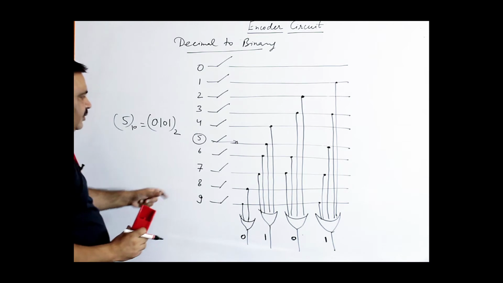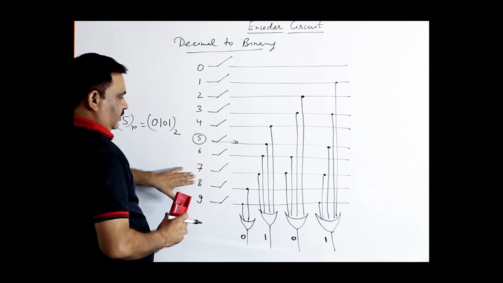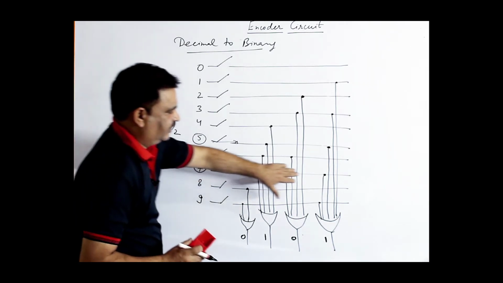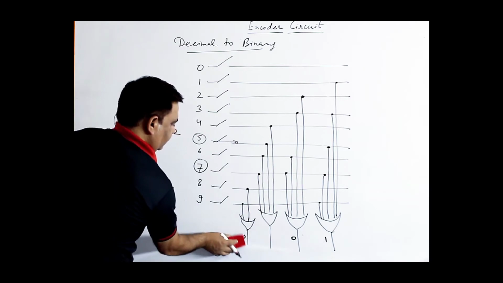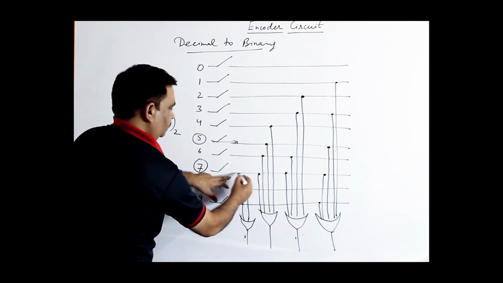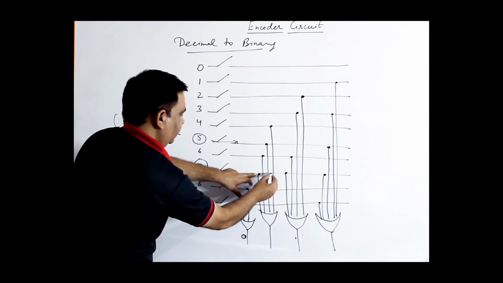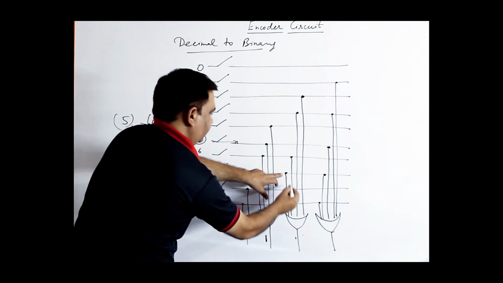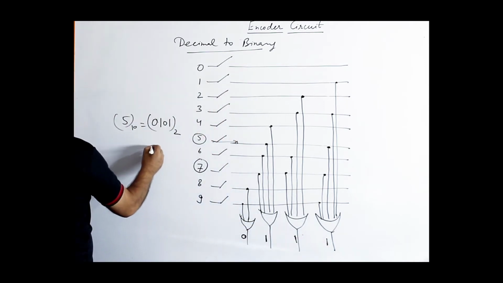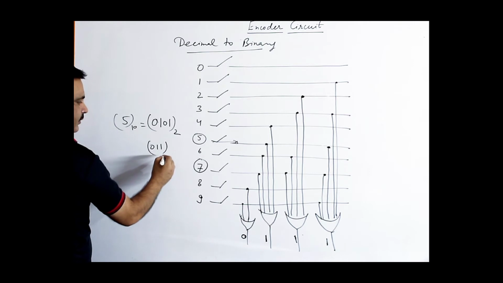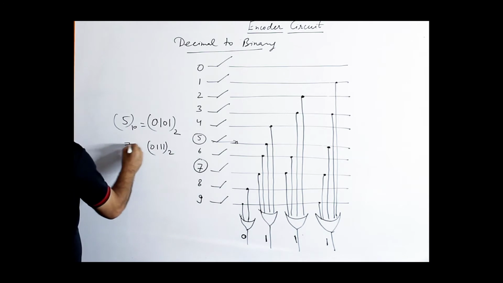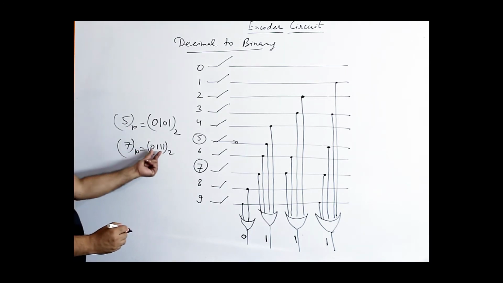One more example. Suppose 7 is there. If you click on 7, the signal is in this line, so this gate remains 0, but this gate will produce output 1, this gate again produces output 1, and this gate also produces output 1. 0 1 1 1, which is the binary of 7.